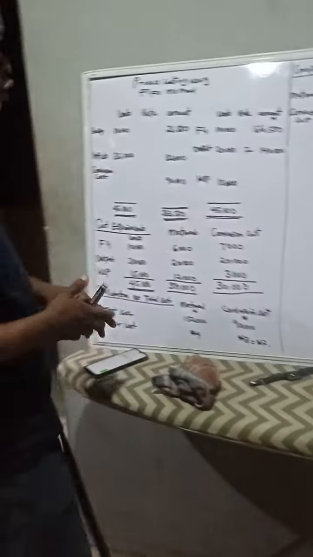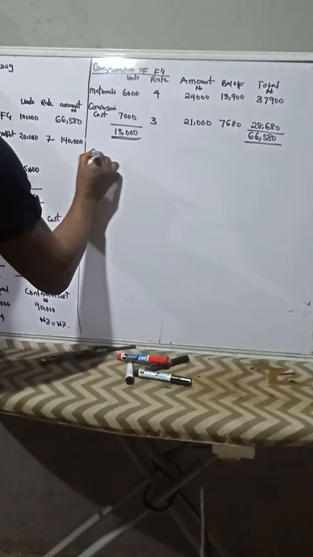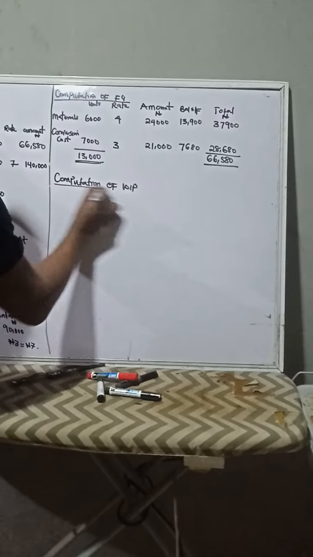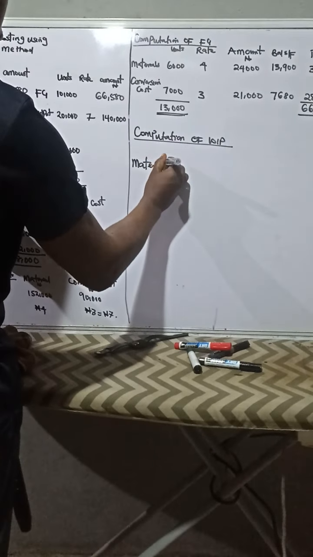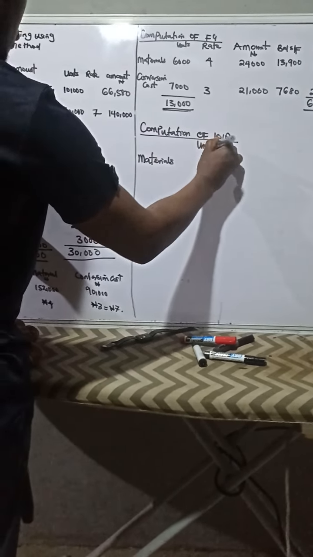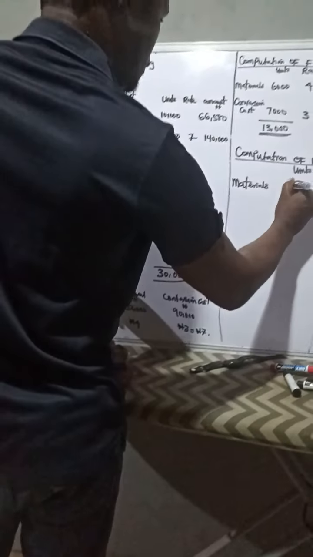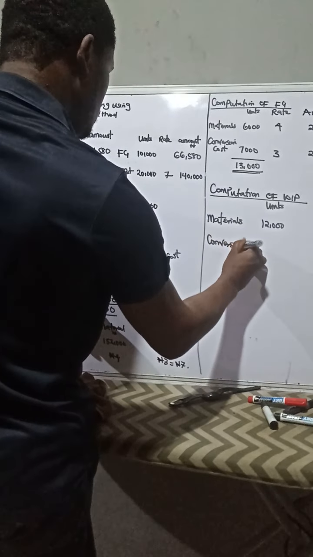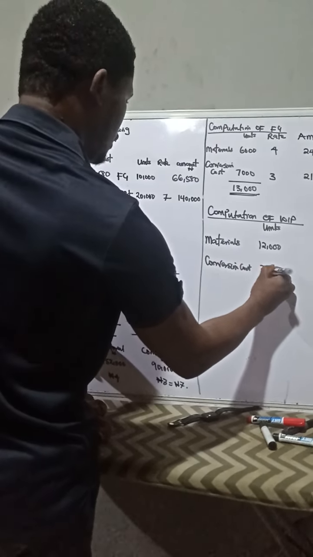So the next thing is WIP. Computation of WIP. So my WIP, look at it here, has material and conversion cost. For material, we have the unit, which is 12,000. Conversion cost is 3,000.